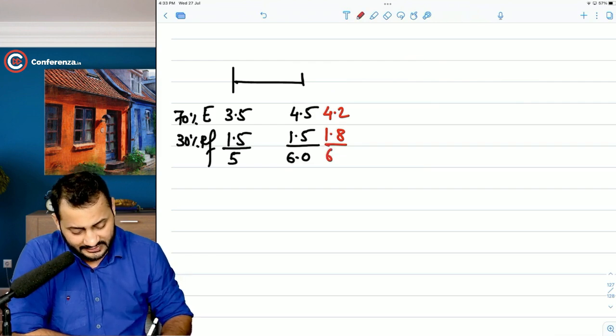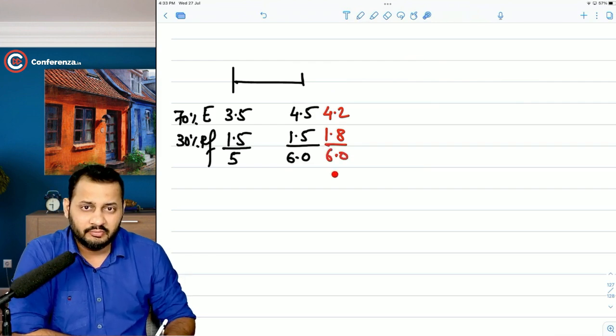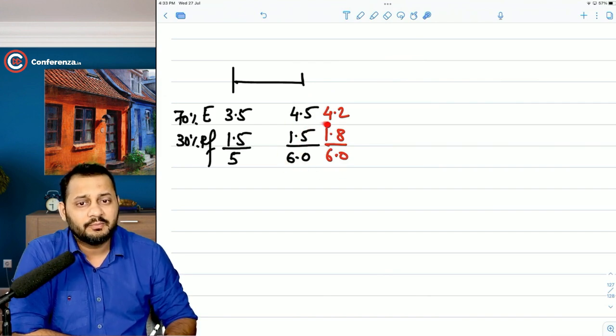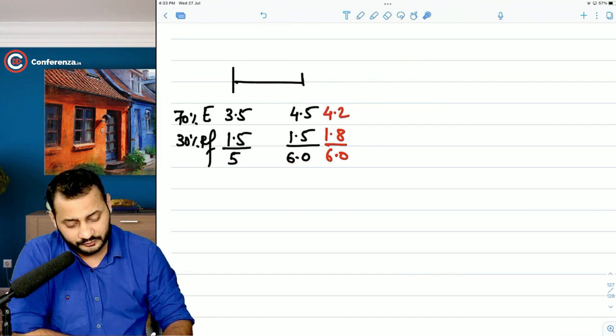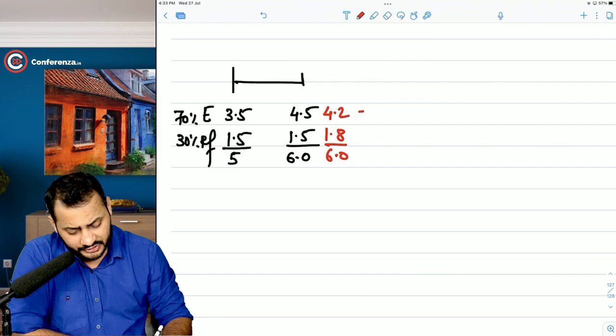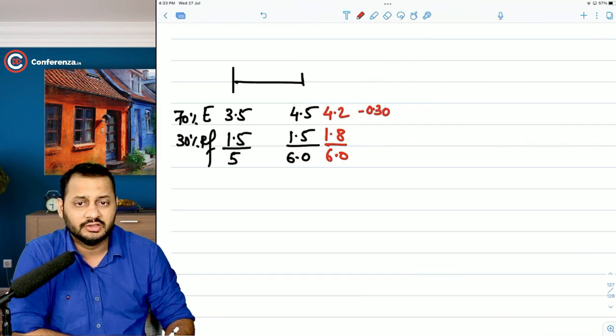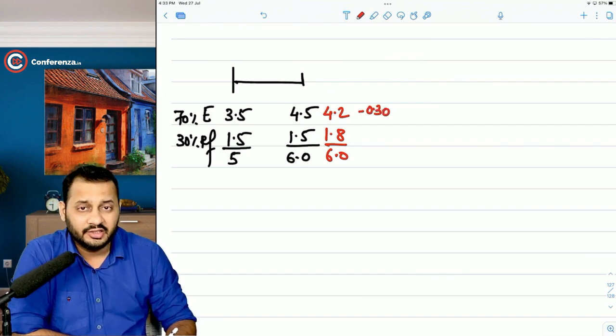The total will be 6 only, don't worry about it, but the ratios are not according to your strategy. If you want to bring the portfolio back to the plan, you will have to reduce the risky investment by shares worth 30,000. So you will have to sell shares worth 30,000 rupees.